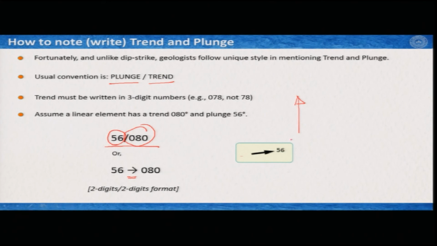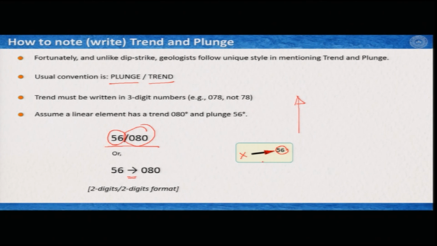If the plunging is happening at 56 degrees towards 80 degrees, then you mark an arrow towards that side, not this side but this side, because this is the direction your line is sloping or plunging, and you mark the 56 degrees.